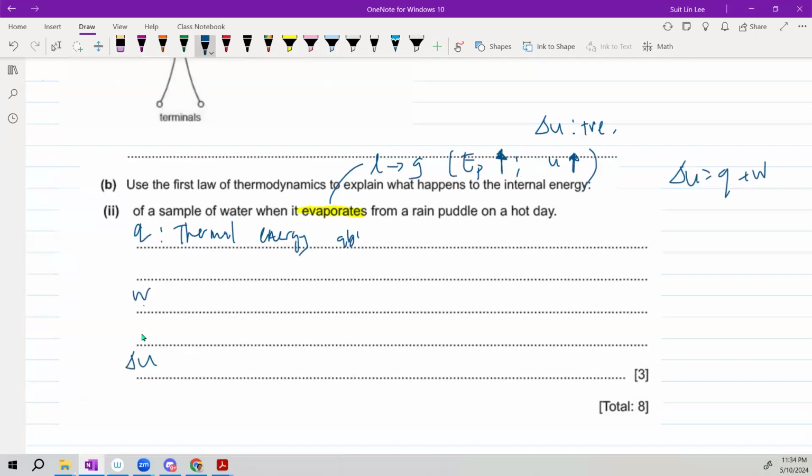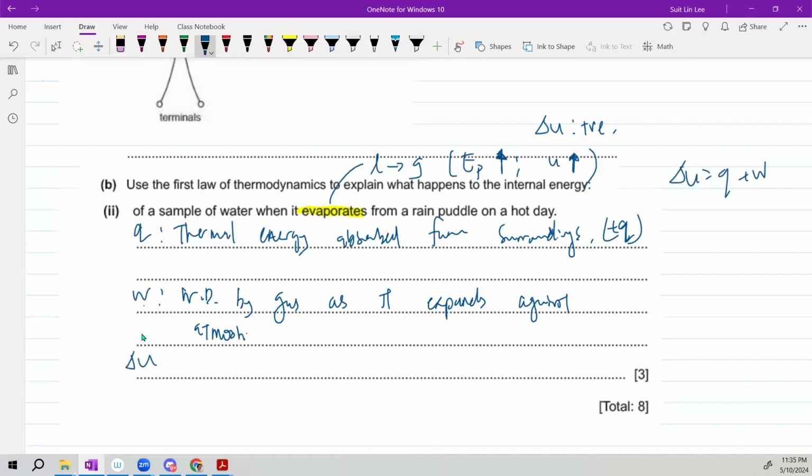Thermal energy absorbed from surroundings: positive Q. What about W? The work done by the gas as it evaporates and expands against the atmosphere. Negative W, expand against the atmosphere.